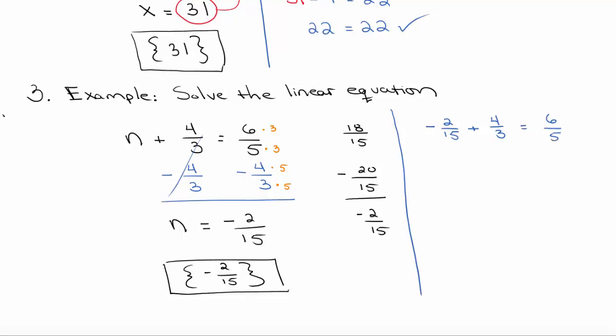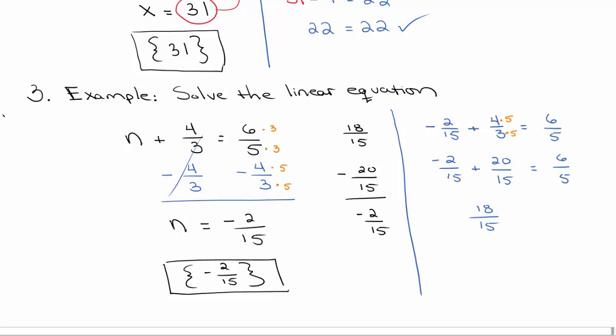I'm going to need a common denominator here, so I need to multiply by 5 in the numerator and denominator of the 4/3. So that's going to give me -2/15 plus 20/15. And we're trying to see if this is equal to 6/5. -2/15 plus 20/15 is 18/15.